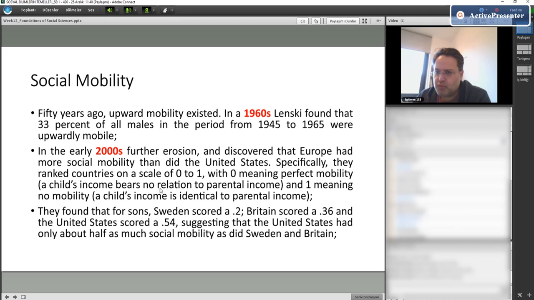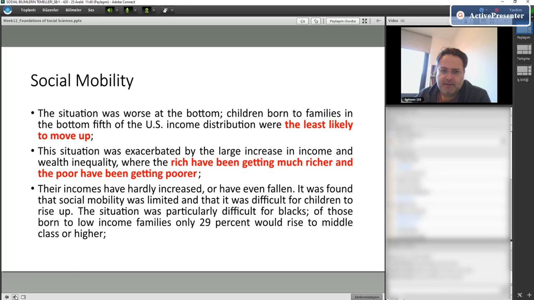And today, as we speak, one of the biggest debates is that there is a problem, and rich people are getting richer and poor people are getting poorer.